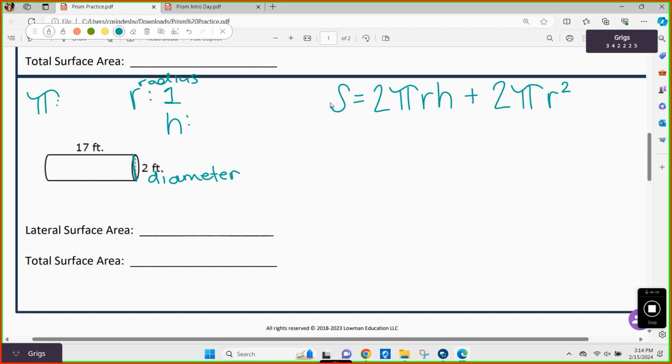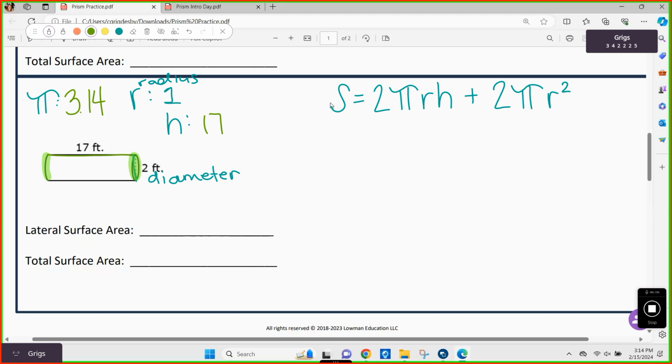Okay, so my bases on a cylinder are the what? Circles. And so if I wanted to find the height of my cylinder, I would look at the distance between the bases. And then what value do I represent pi with? 3.14.